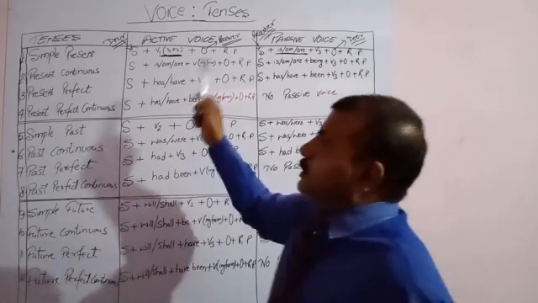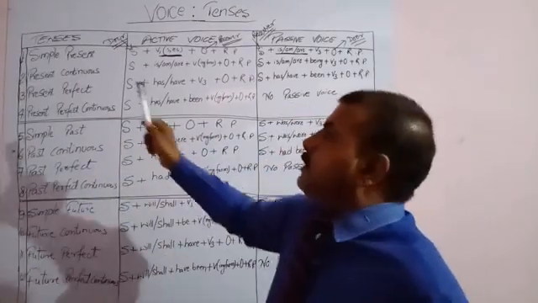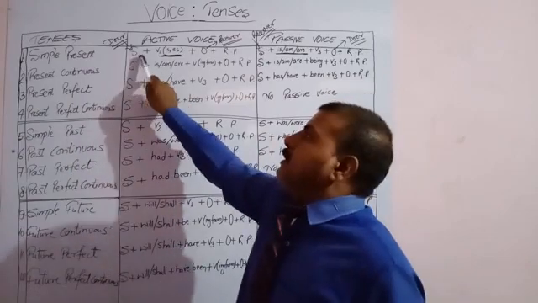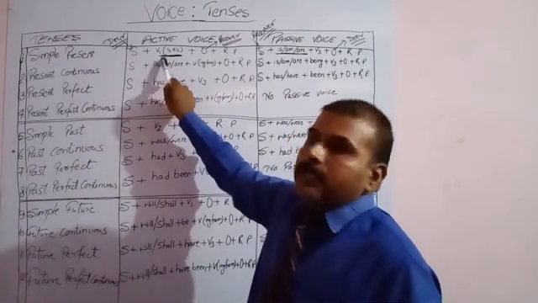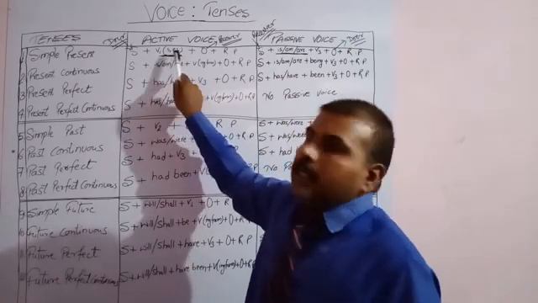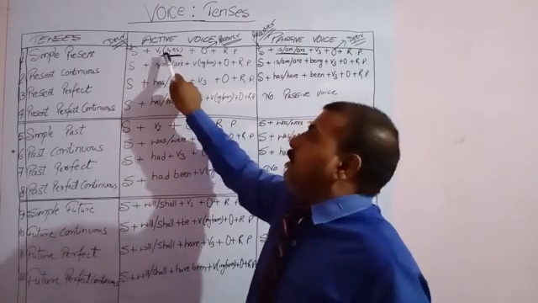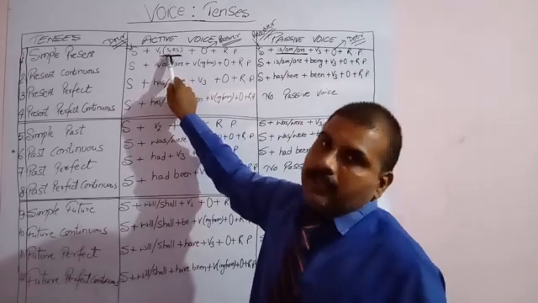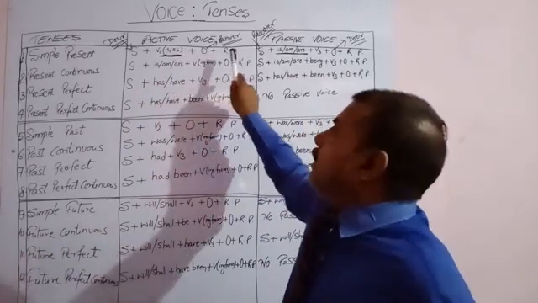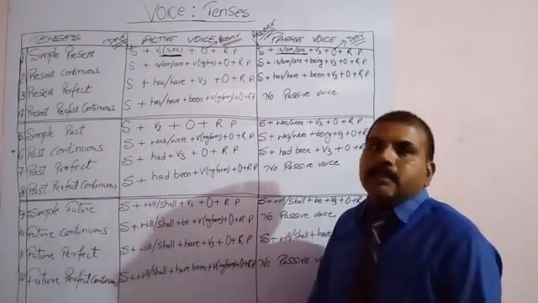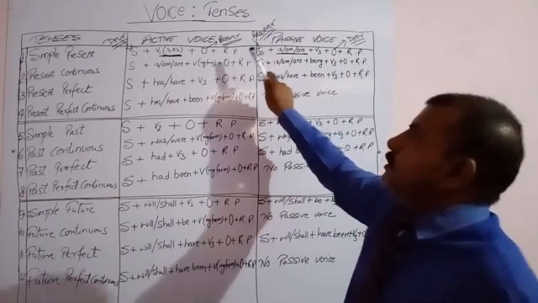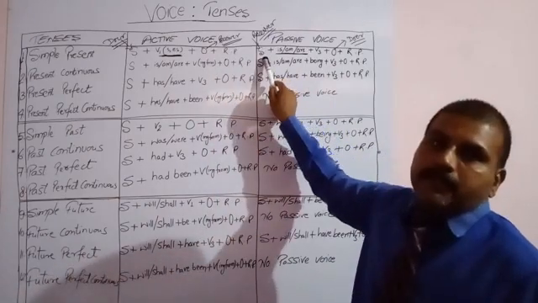So the structure for active voice in simple present tense, or present indefinite tense: subject, verb first form. If the subject is singular, we add s or es. If the subject is plural, we do not use s or es. Then the object, the receiver of the verb, then the remaining part if required. Now in passive voice, the receiver of the verb becomes the subject.